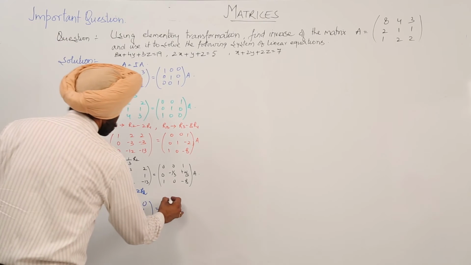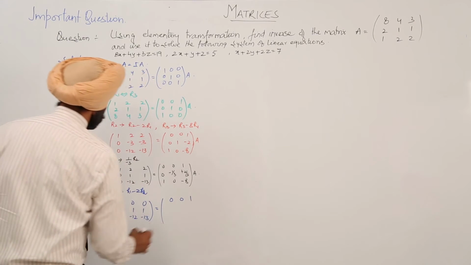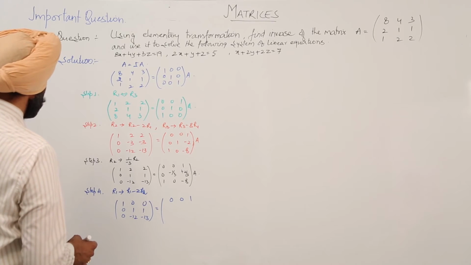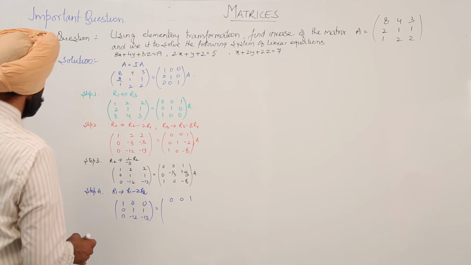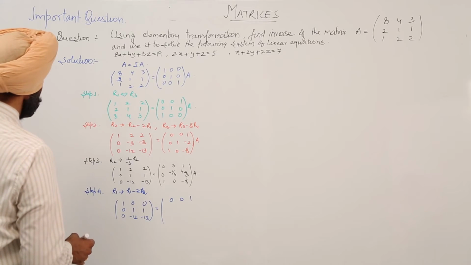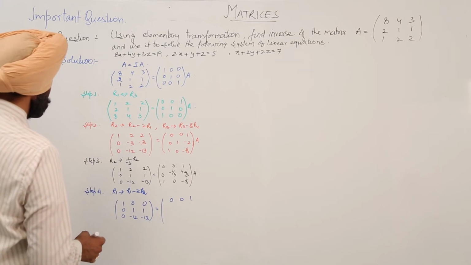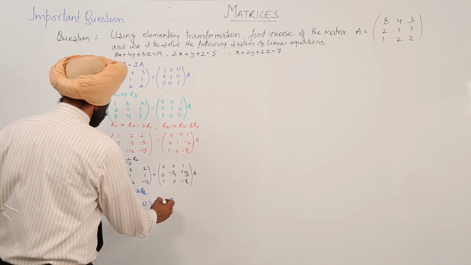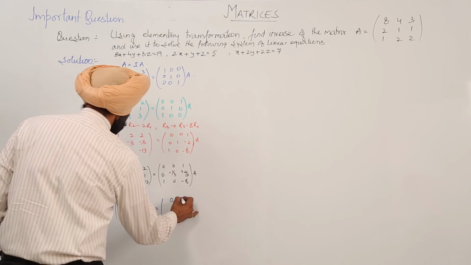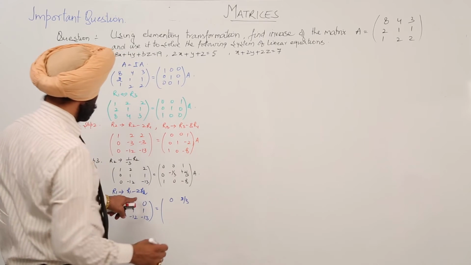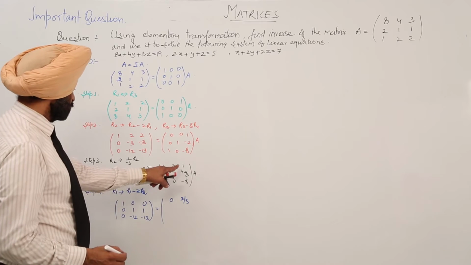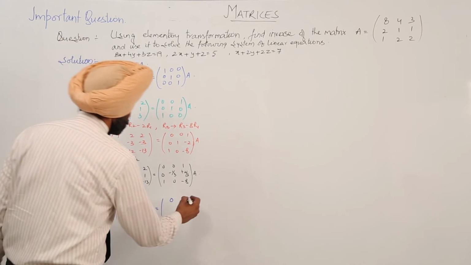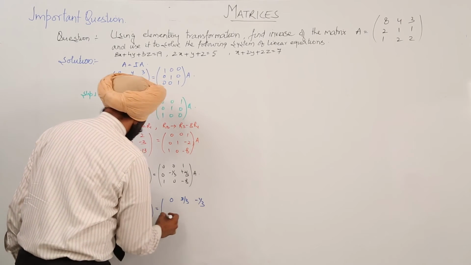Now, 0 0 1. R1 minus 2 with R2, 0, sorry, here it will be 0 with 2 by 3, then 1 minus 2 into 2 by 3, so it will become minus 1 by 3.